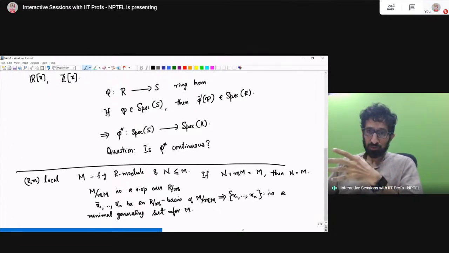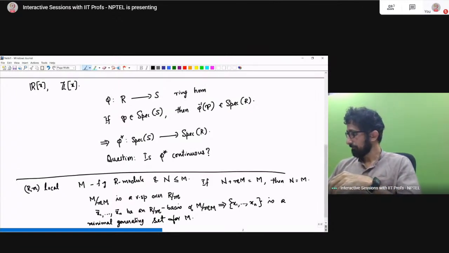It's very close to what we see in the case of finite dimensional vector space for fields. This is in general not true. For example, if you don't take local ring, like for example, you take Z.